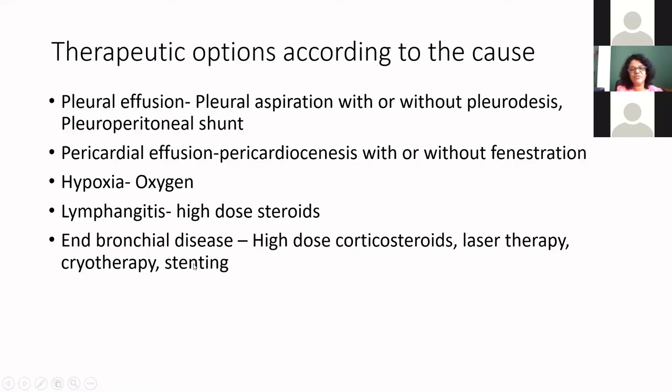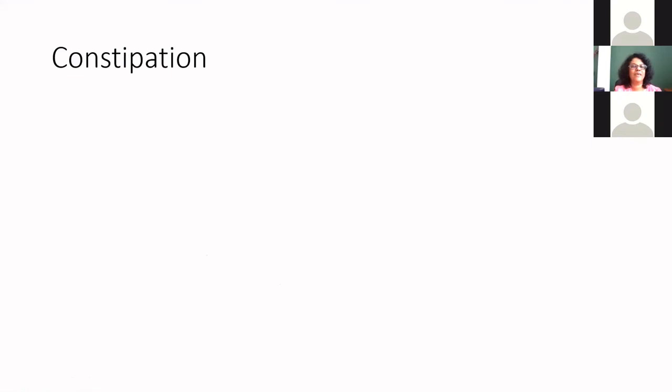If it is due to endobronchial disease, sometimes steroids, laser therapy, the oncologists know everything. I'm just giving you the rough idea. Depending on the cause, we have to make additional measures to improve the symptom.